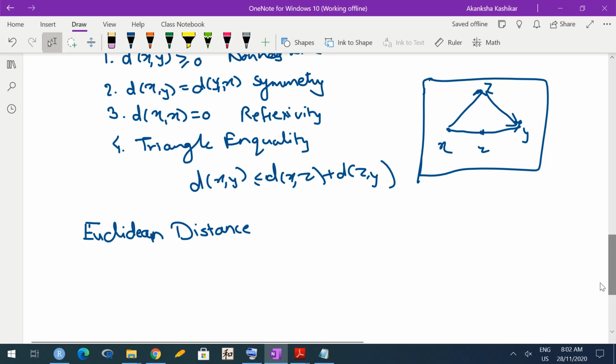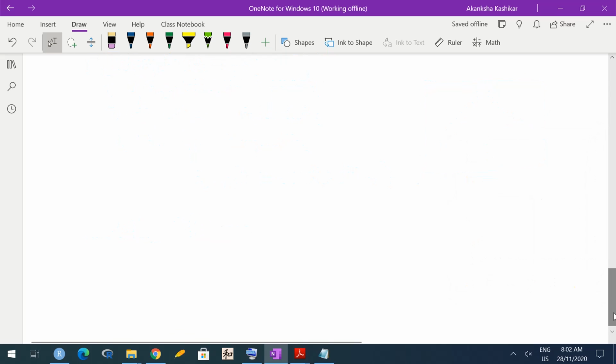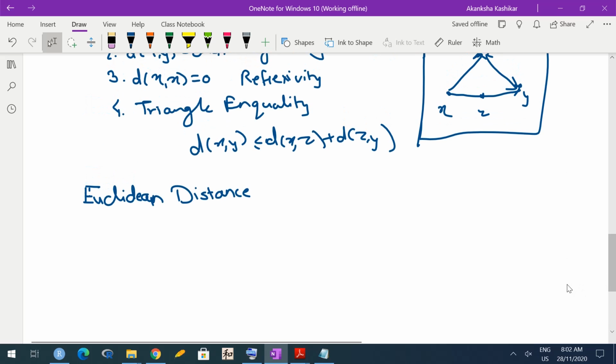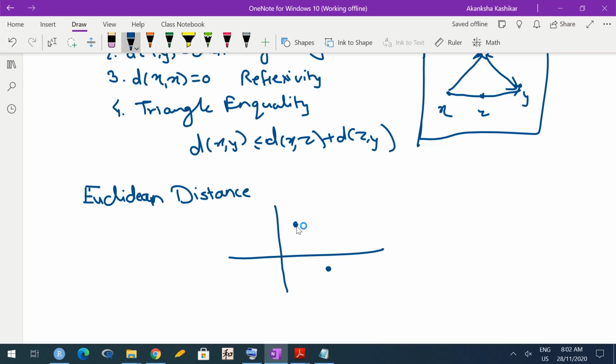So how is it defined? It's basically the closest distance between any two objects. Let me consider, suppose I have bivariate data. You have one object here, you have another object here. Euclidean distance between them is this straight line distance. Okay. So how do I compute it?